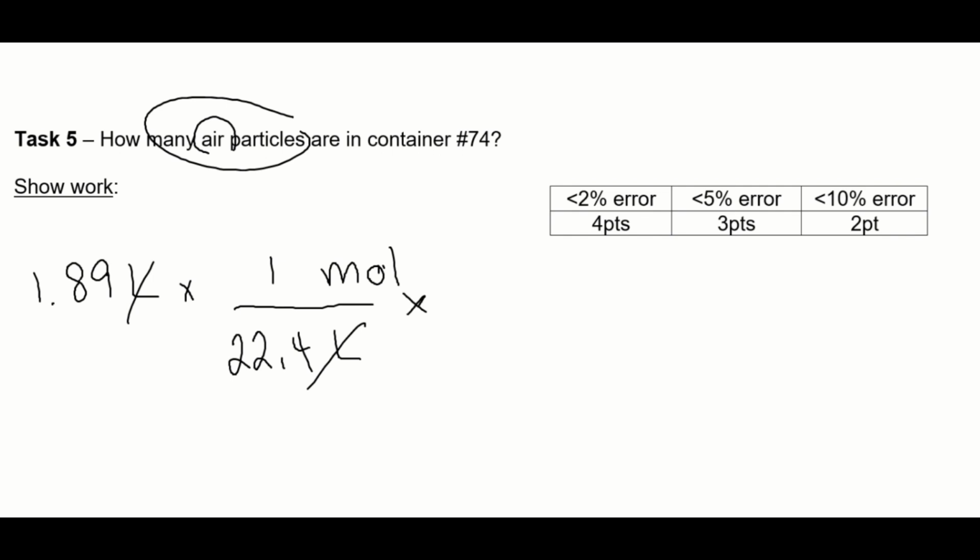At this point, we have our quantity in terms of moles. So we can turn that into number of particles by using Avogadro's number. 1 mole of anything, atoms, molecules, particles, there are 6.022 times 10 to the 23rd of them. In this case, air particles.